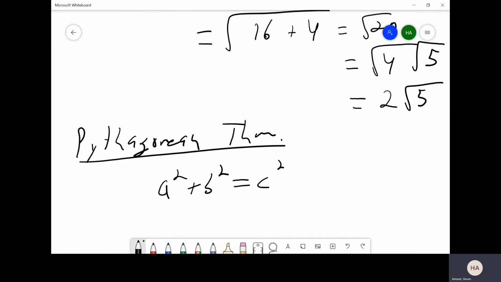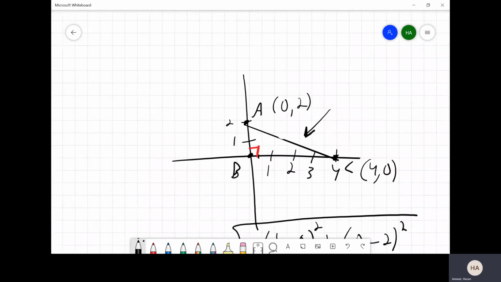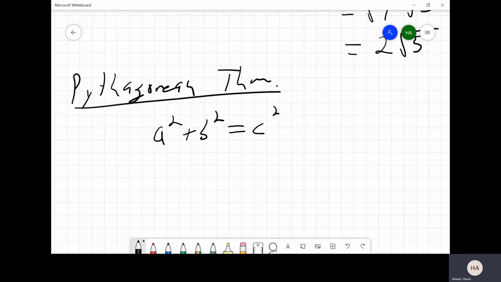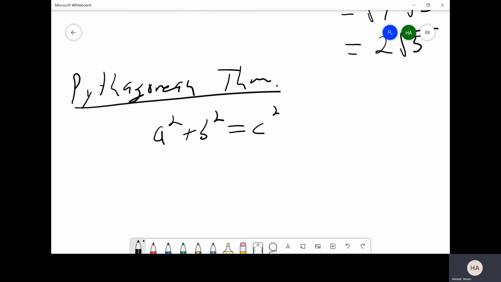So you have to, using the information from the graph, figure out the length of side AB, the length of side BC, and then you plug in, and then you're going to be solving for your missing side, which is the hypotenuse. So solve for the same exact side, but this time using the Pythagorean theorem, and see if you can figure it out. I know that I didn't do an example before this classwork, so I just want to see if you can extrapolate and get this one on your own.